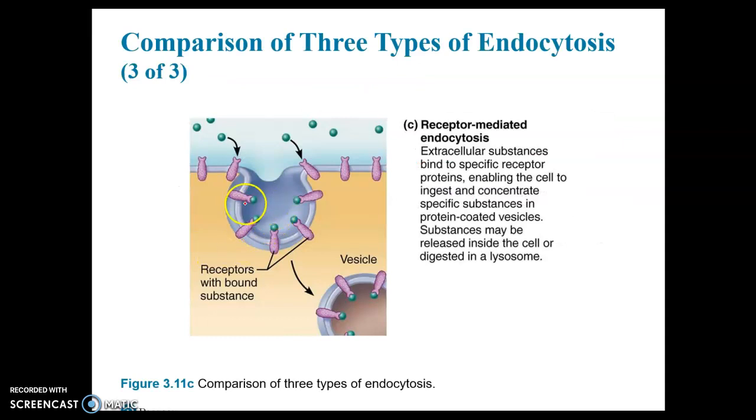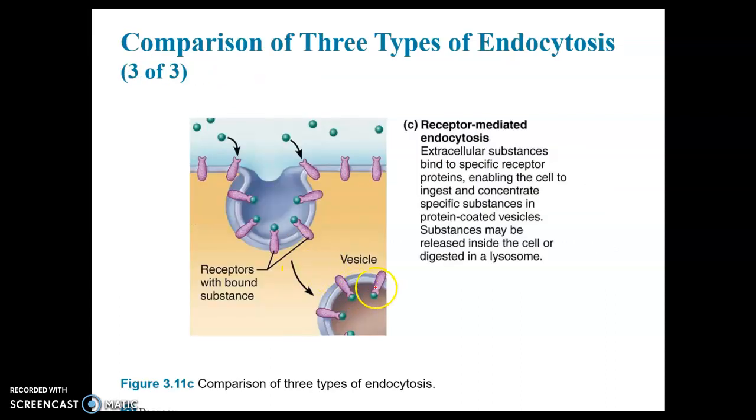All right, so we have receptors that surround the vesicle that's forming. They're found within the plasma membrane, and they're going to bind to the substance that's being brought into the cell.